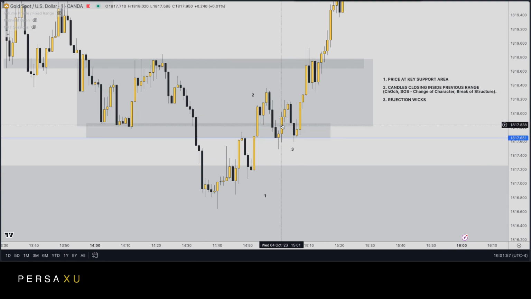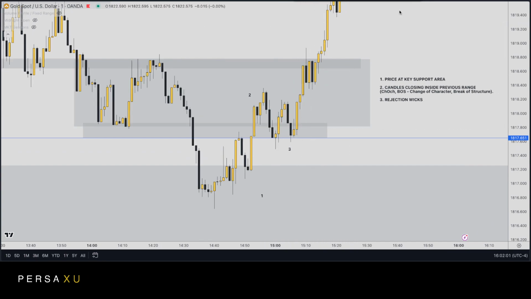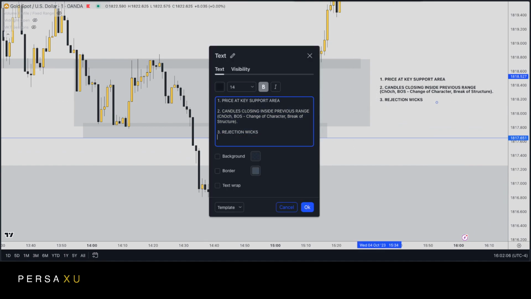This candle, to me it was this one, but this is like a double confirmation where you have, I wouldn't say an engulfing candle, but I would say a powerful impulse candle, strong, you know.